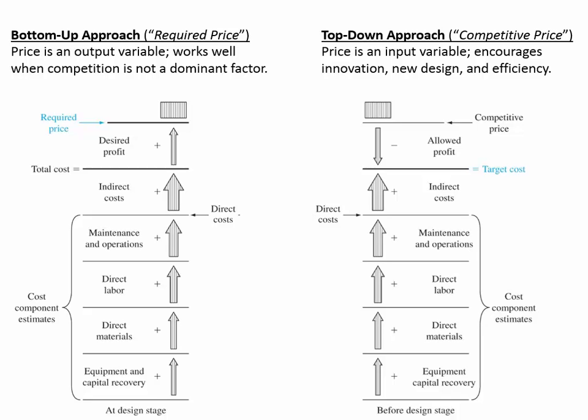And so in the top-down approach, instead of looking at what are your costs as the starting point, what you look at is you say, what am I trying to make and how much could I sell it for?